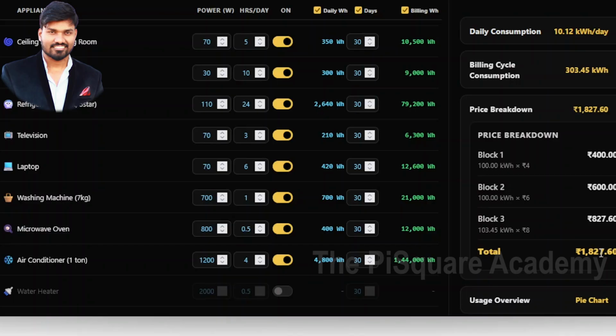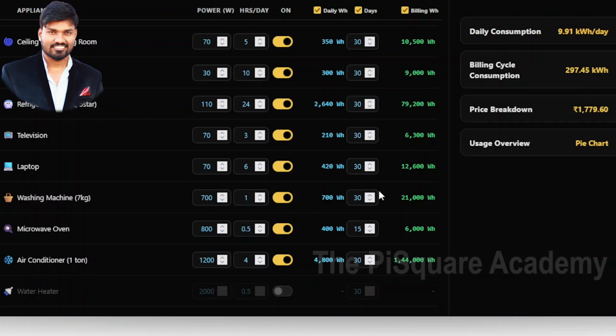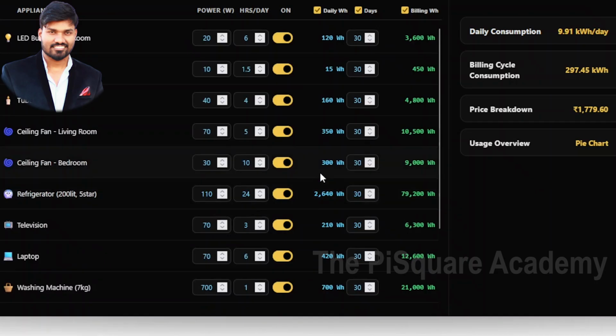Okay. Suppose you say, no, I will not turn on the oven for all days, I may turn it on for only 20 days or maybe 15 days in a month, then accordingly you adjust the number of days. You will get some estimate of your electricity bill. Okay, I hope you understood how to estimate the electricity bill using the tariff.